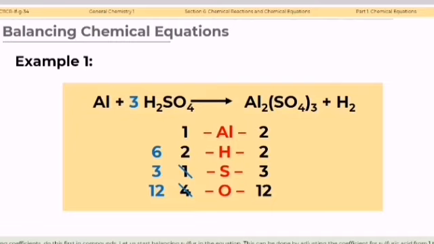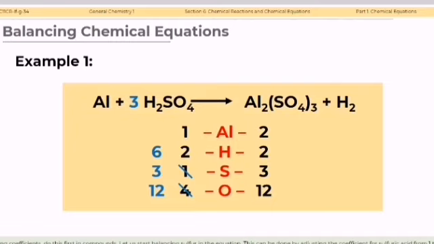With this, the count of hydrogen, sulfur, and oxygen on the left side will be affected. The number of hydrogen is now 3 times 2 or 6, sulfur becomes 3 times 1 or 3, and oxygen is 3 times 4 or 12.